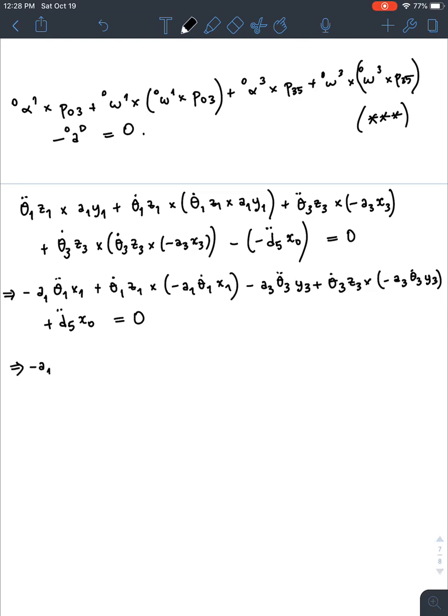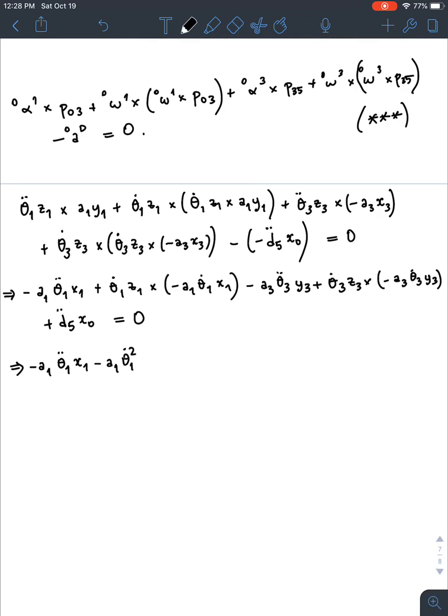Simplify it further, I have minus a1 theta 1 double dot x1, minus a1 theta 1 dot squared.